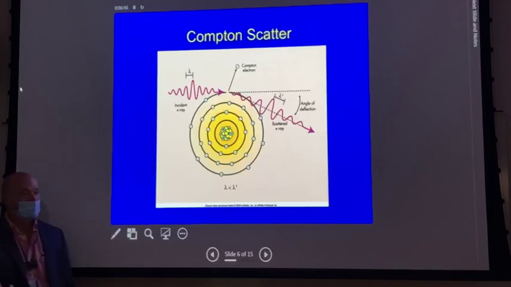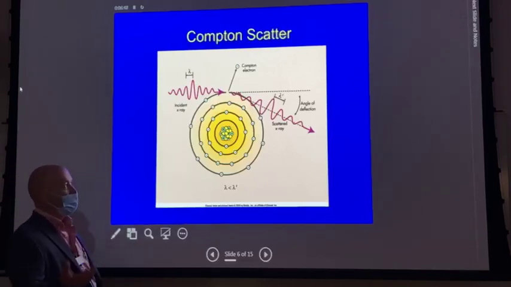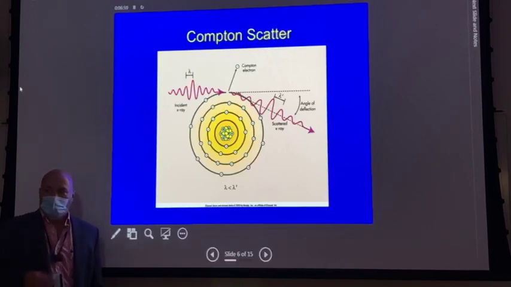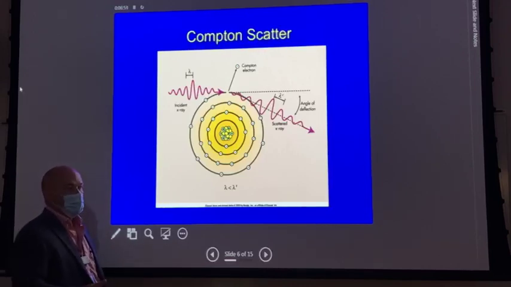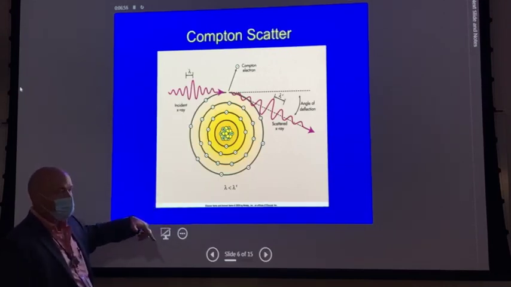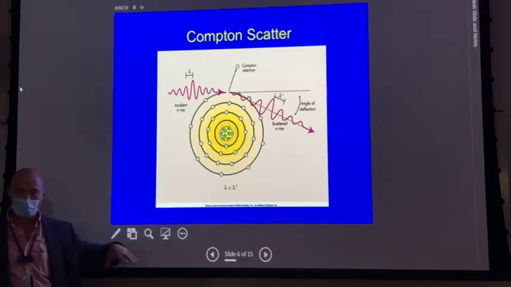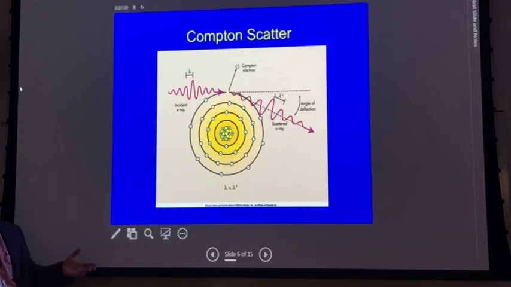But if it exits the patient, it still has high enough energy to do some damage to your image. These are the ones that are really going to reduce your contrast by laying down that layer of fog. Wide angle scatter radiation with a lot of energy left puts down a layer of density on your image receptor.